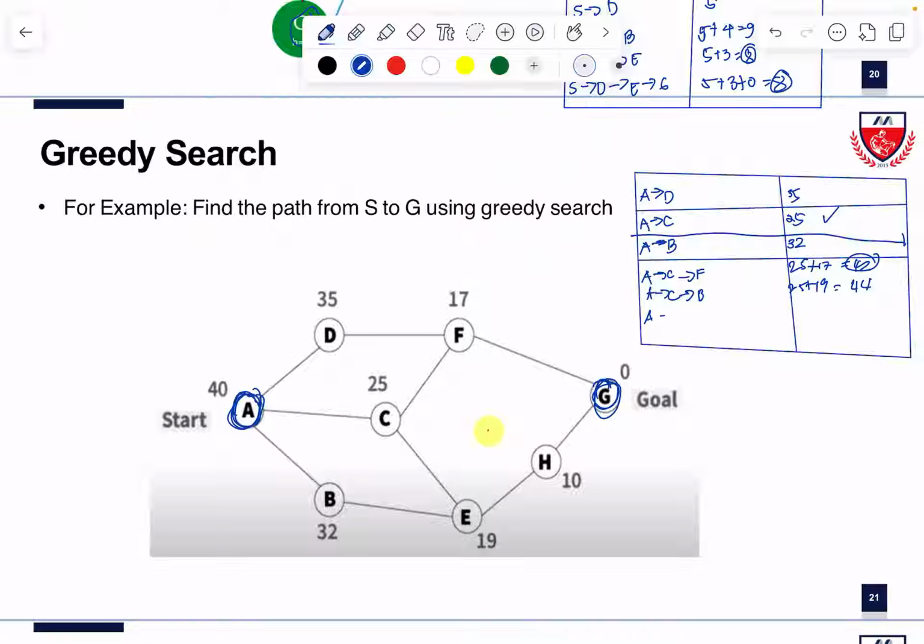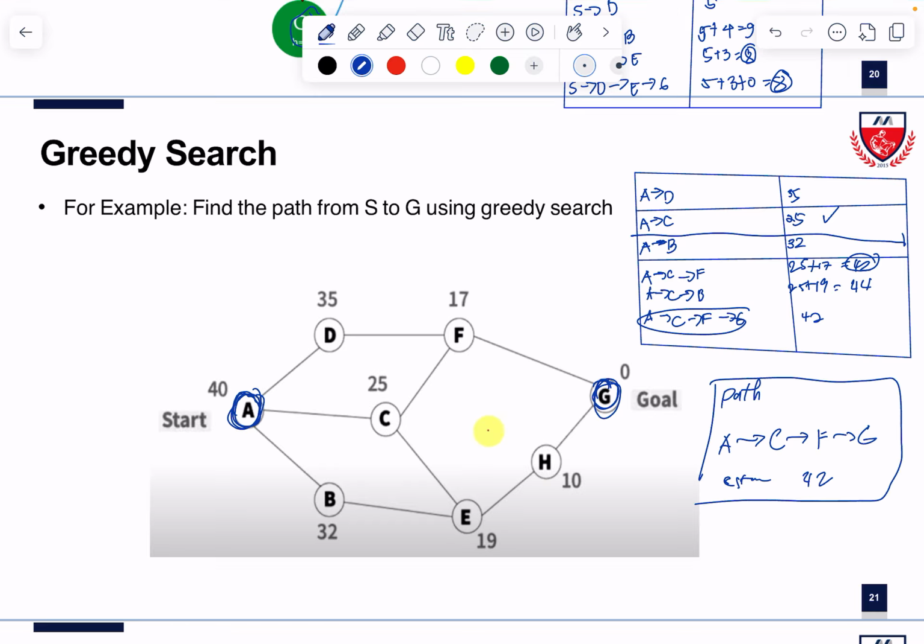So that's ACF, the shorter one. And then there is the goal. It's 42. So therefore, our path would be A to C to F to G, with an estimated cost of 42. Yeah, that is greedy search.